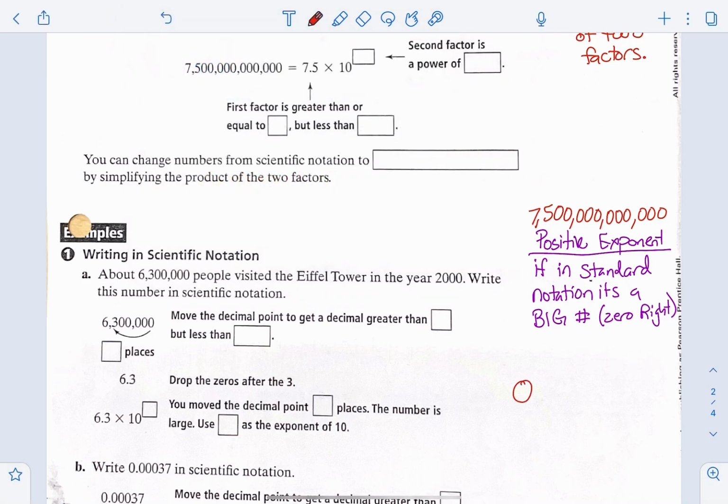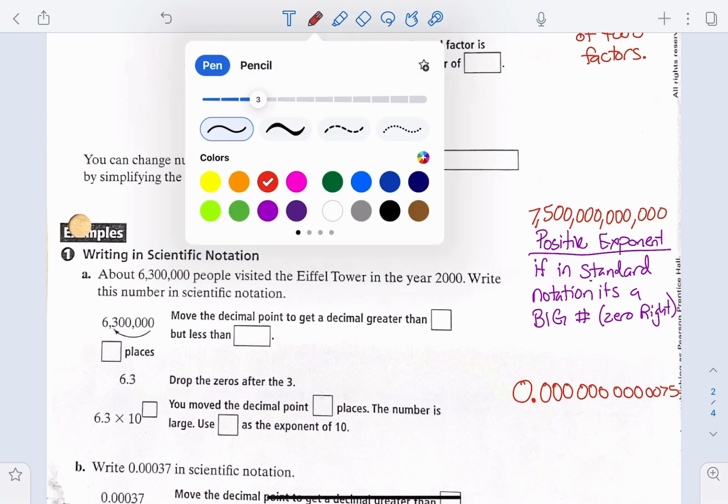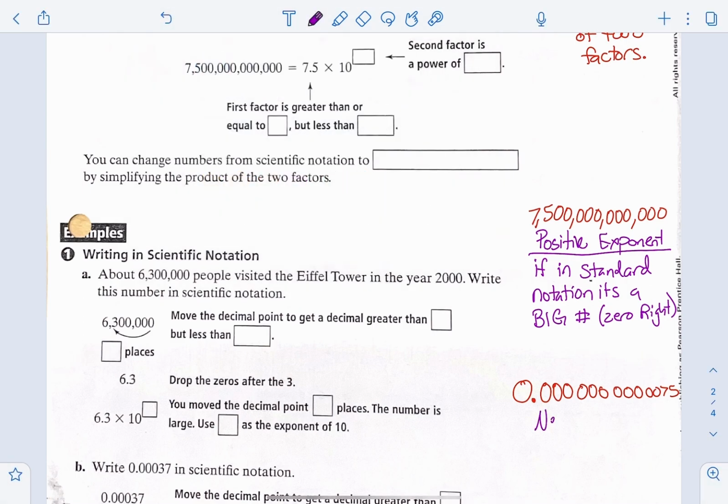If we have something like 0.000000000000075, then it would be a negative exponent.